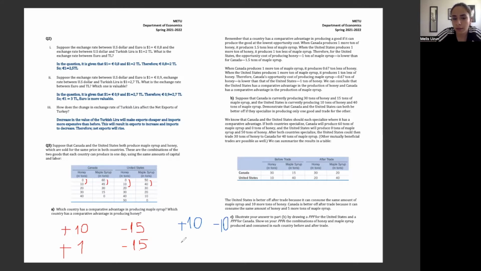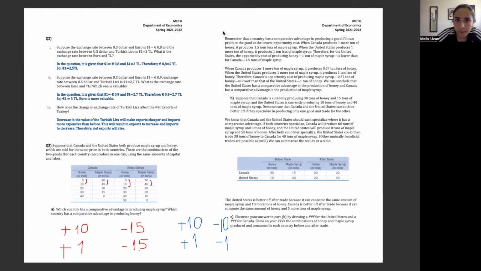And if they want to produce 1 more unit of honey, they need to give up 1 unit of maple syrup. So which one is lower?